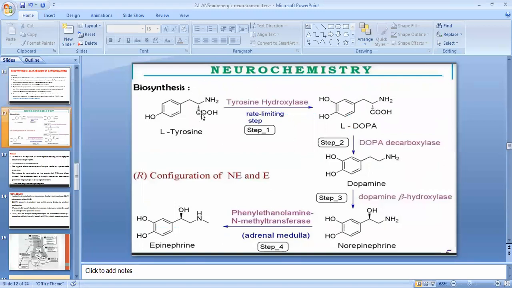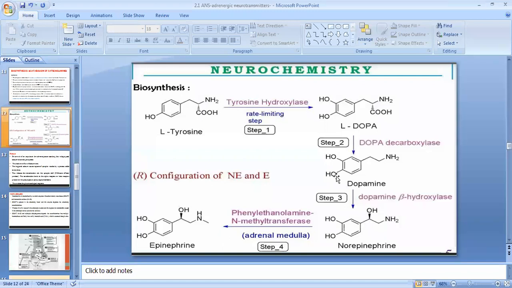So the starting point for the synthesis of these catecholamines is tyrosine. We all know tyrosine is an amino acid which we take from our balanced diet, and this tyrosine will form these neurotransmitters in our body.